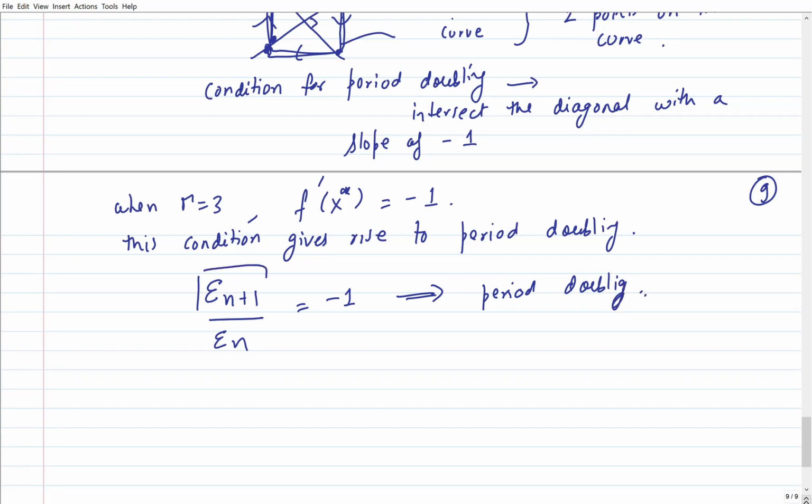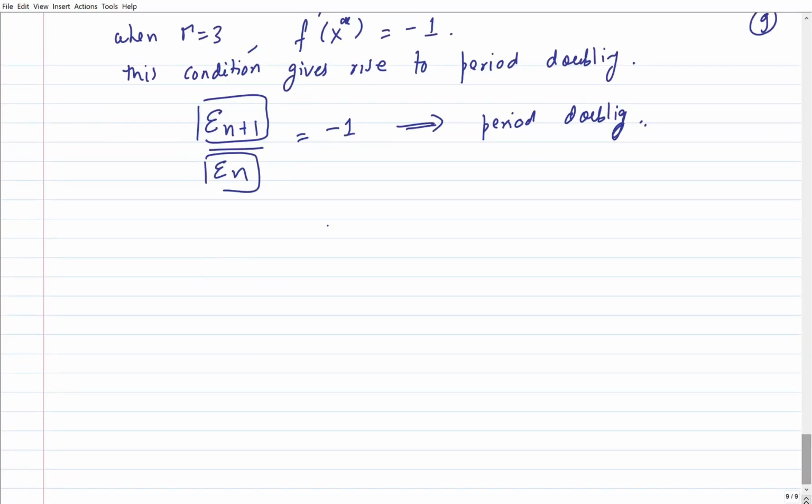So this was the error in the n+1th iterate, and this was the error in the nth iterate. And we can look at it up in our bifurcation diagram.